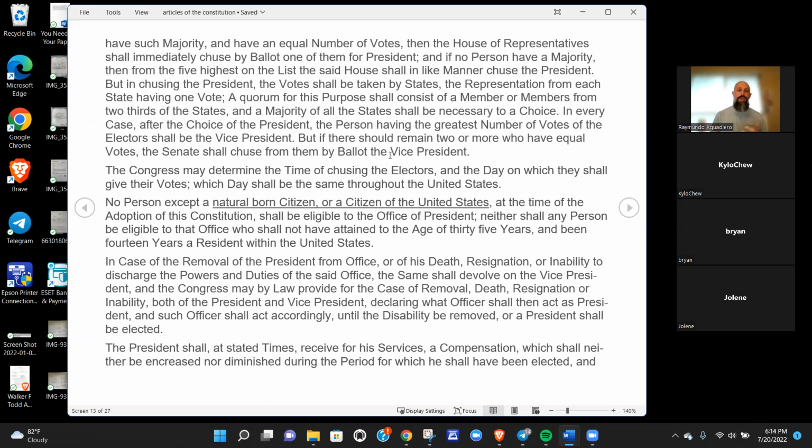So if the president's removed, the vice president steps in, and if the president and the vice president are removed, Congress can declare an officer that will become president until an election can occur.